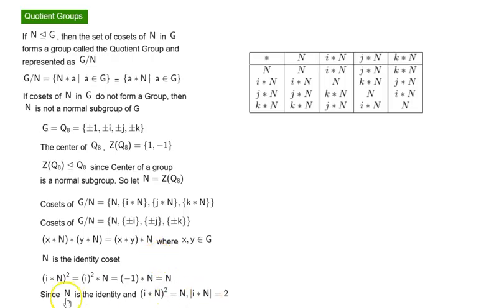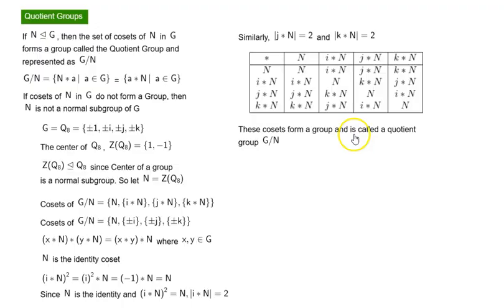Which means I times N squared is equal to N, meaning the order of I times N is equal to 2. The order of the coset IN is equal to 2. Similarly, the order of J times N is equal to 2, and the order of the K times N coset is equal to 2.